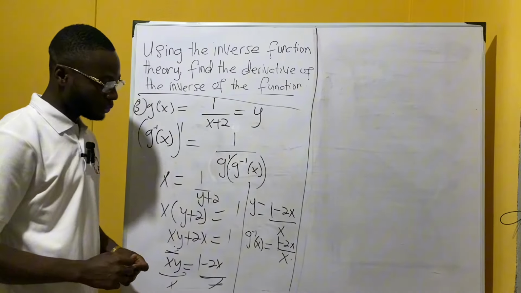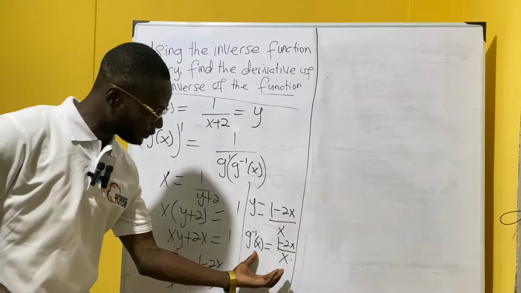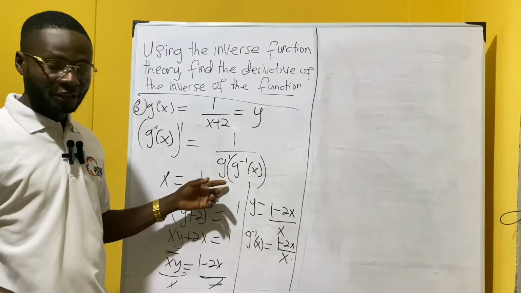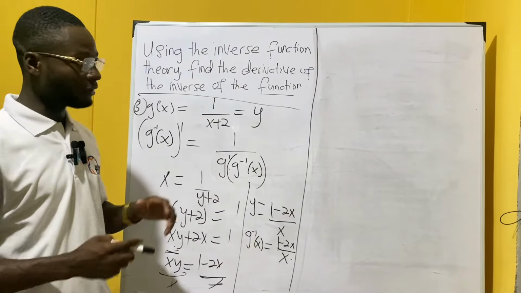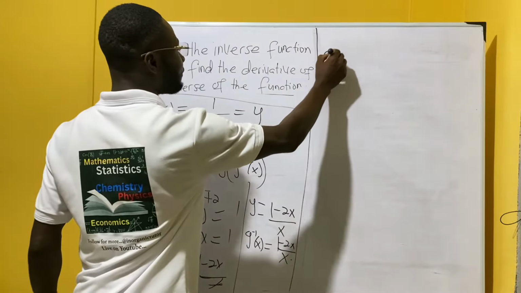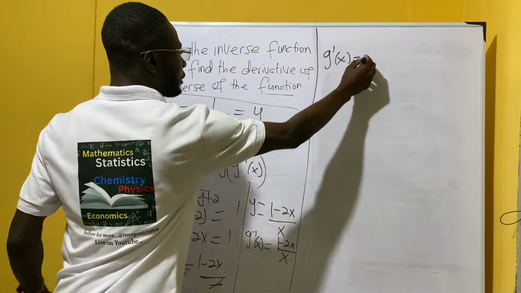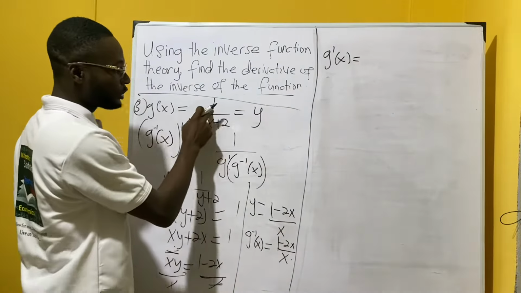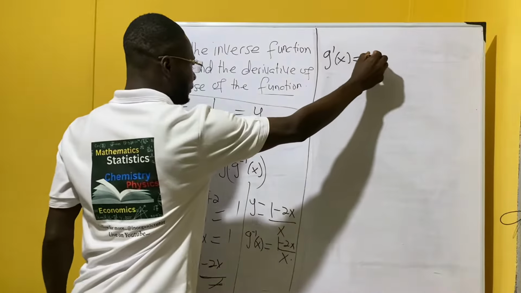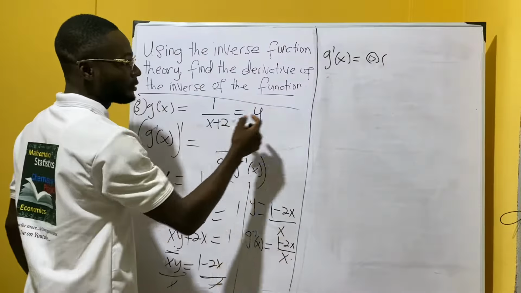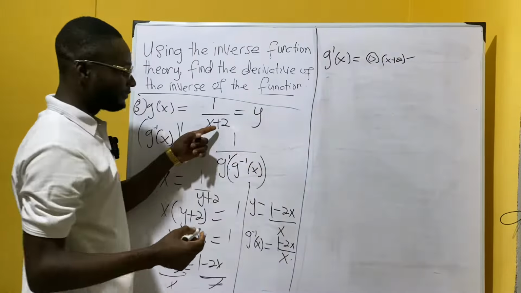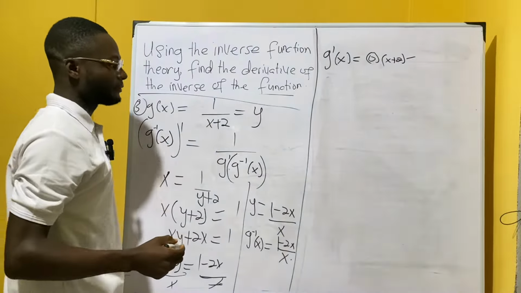Right? So if this is going to work using the formula, then we have to find the derivative of the function, right? So the derivative of the function is going to be, let's apply the quotient rule here. So applying the quotient rule, we know that this is going to be 0 times the second function minus the differential of the second function times the first function.